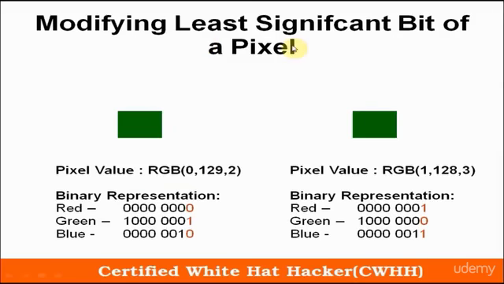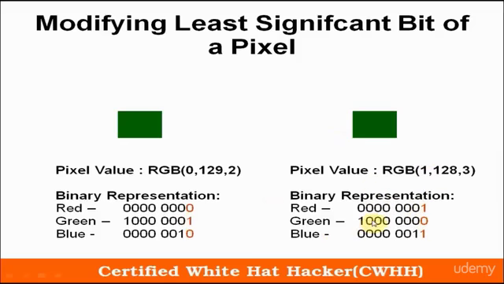We look at modifying the least significant bit of a pixel. Here is the original color, which is 0, 129 and 2, and you can see that the least significant bits are 0, 1 and 0. What steganography does is replace those bits.